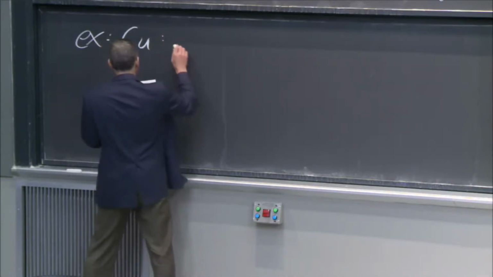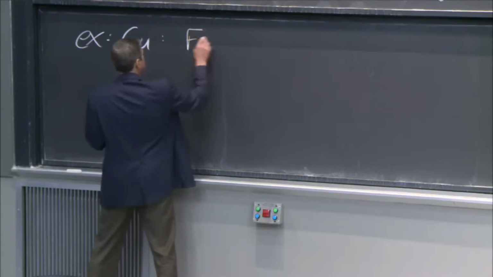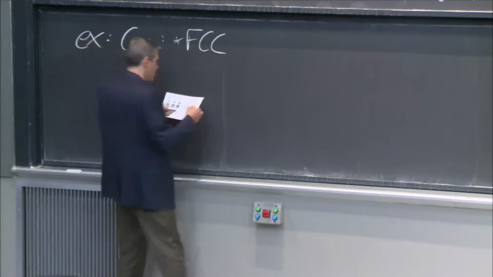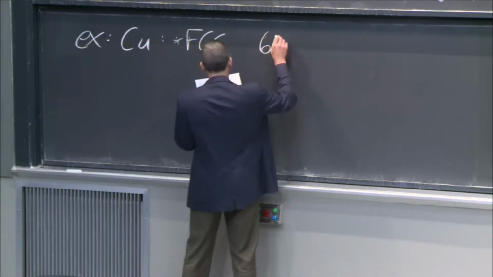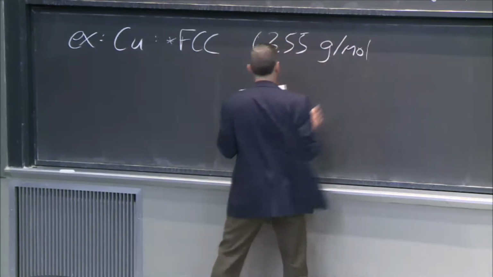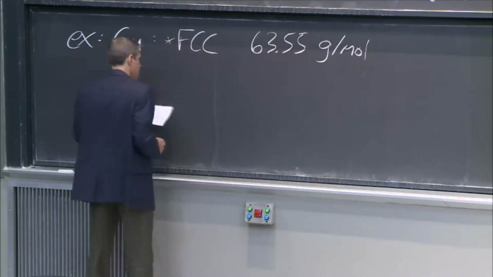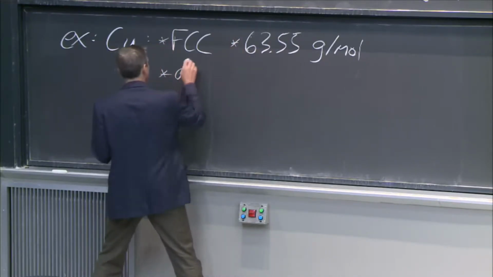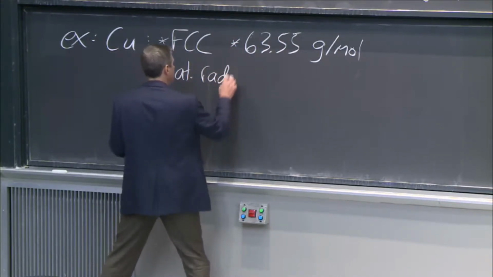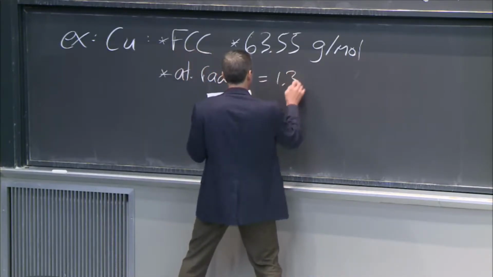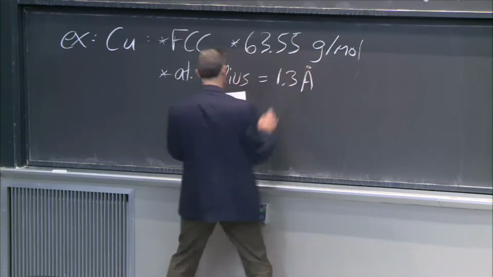I look up, for example, that it's FCC, and that it's 63.55 grams per mole, okay? And I also look up the atomic radius, and that's equal to 1.3 angstroms. So I look all this stuff up.